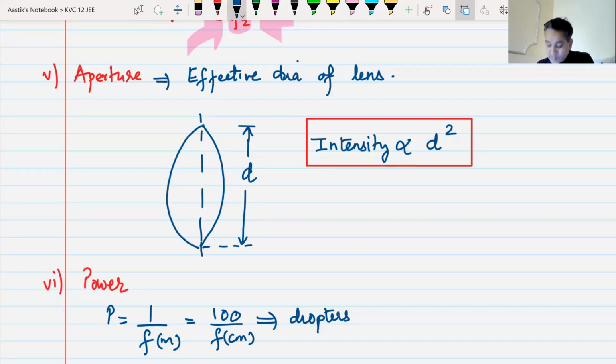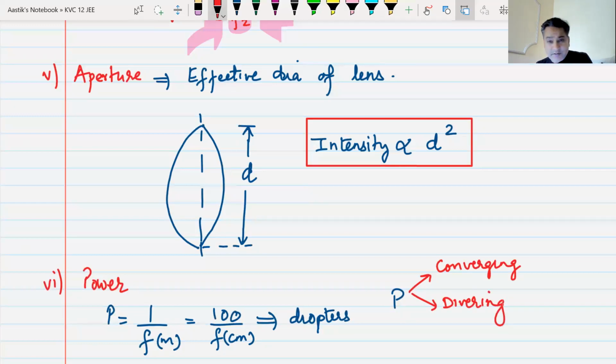Remember, for a converging and a diverging medium, converging can be a mirror or a lens, and diverging can be a mirror or a lens. For a converging medium, the power is always positive.